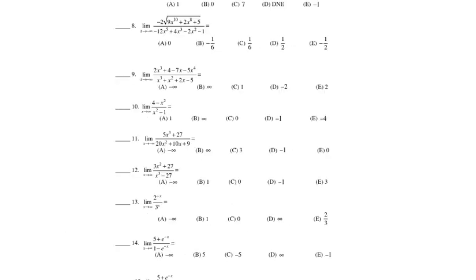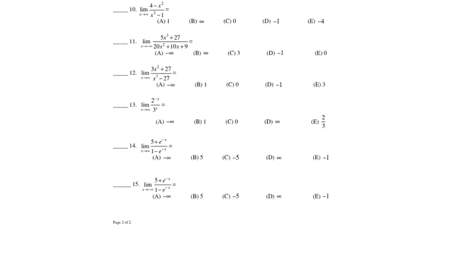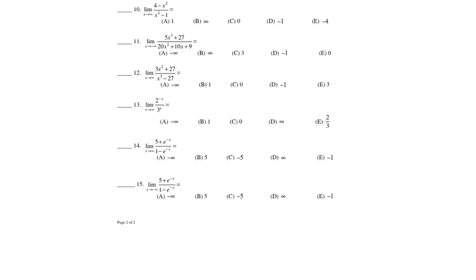So I want to talk about the limit as x approaches infinity of something like 2e to the x, or 2 to the x, things like that. Exponential equations. Exponentials.